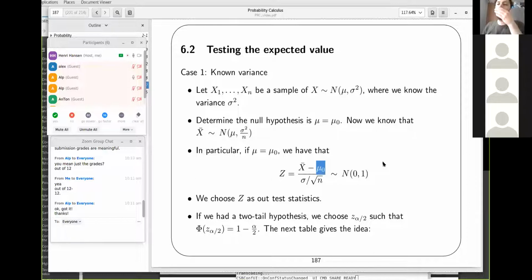And we're going to calculate this test statistic, Z. If the Z falls here or here, we will conclude that the null hypothesis is false, because with probability alpha, which is very small, we get values like this. So the probability of getting these results is very small.